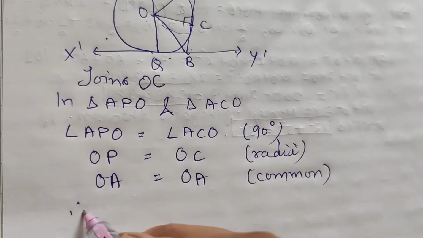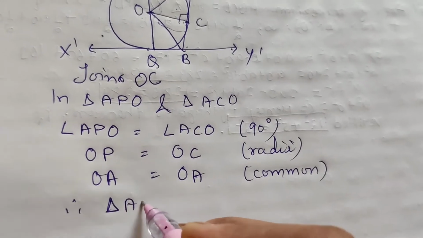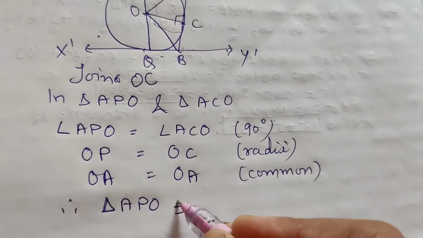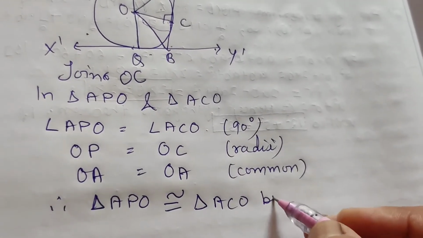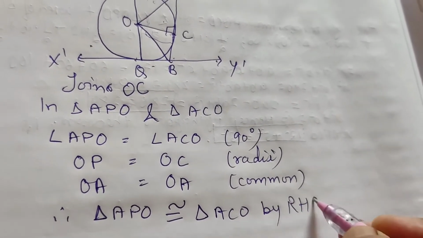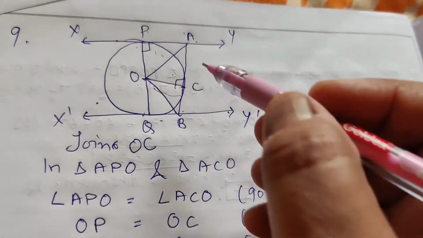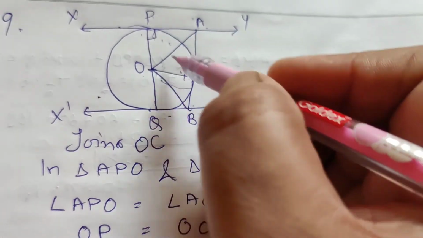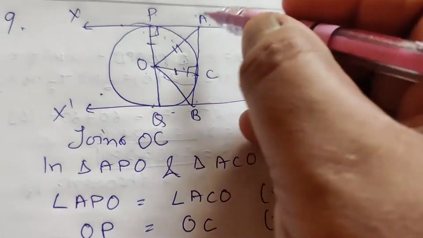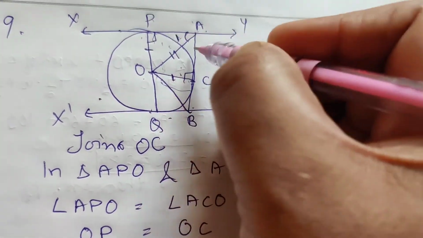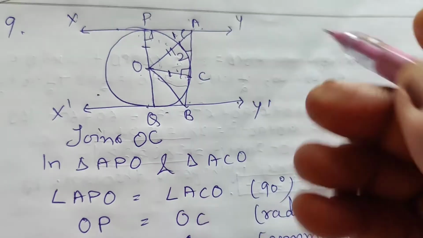Therefore, triangle APO is congruent to triangle ACO by RHS, the right angle hypotenuse side congruence criterion. Therefore, angle 1 equals angle 2 by CPCT.